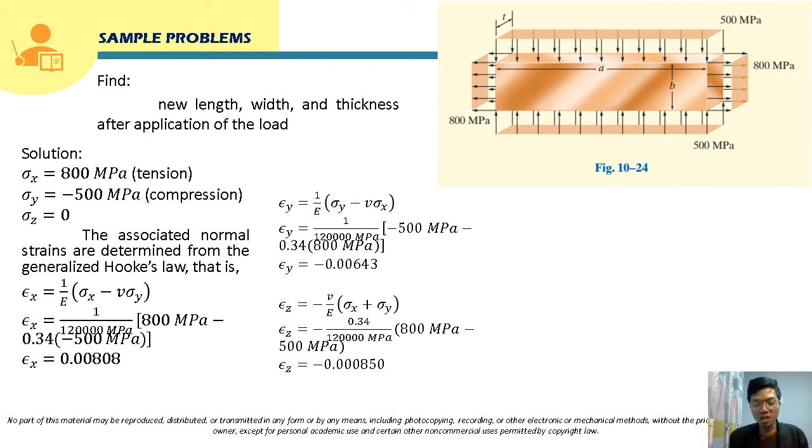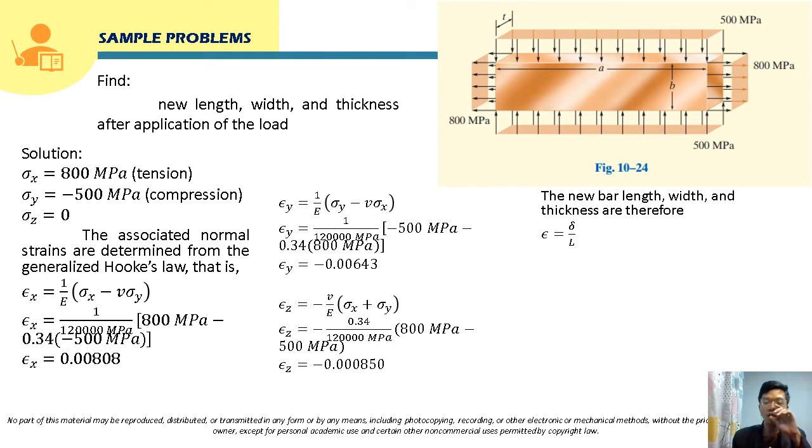Since we already solved for the strains, we can now solve for the deformations. After we solve for the deformation, we have to add or subtract that from the original length, original width, and original thickness.